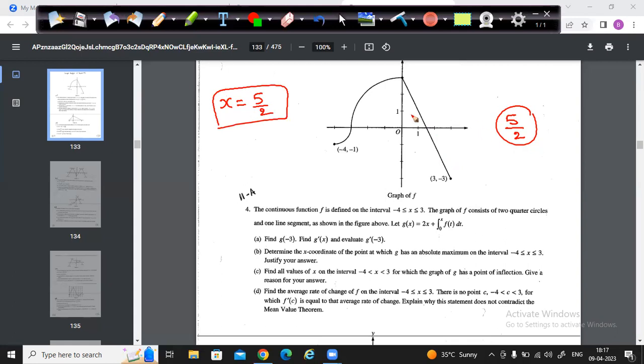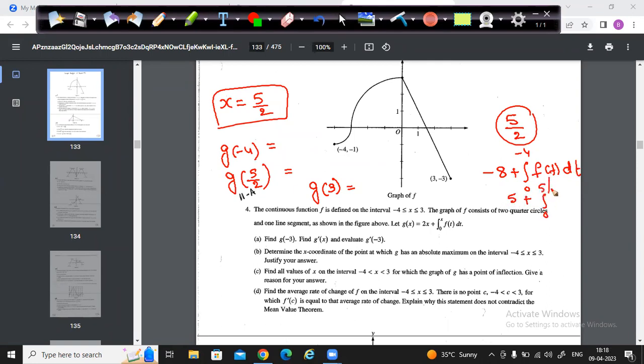Now what I need to do is find g of minus 4, g of 5 by 2, and g of 3. Wherever it is maximum, it will have the absolute maximum. Correct, right? So g of minus 4 is minus 8 plus the integral from 0 to minus 4 of f of t dt. g of 5 by 2 is 2 into 5 by 2, which is 5, plus the integral from 0 to 5 by 2 of f of t dt.